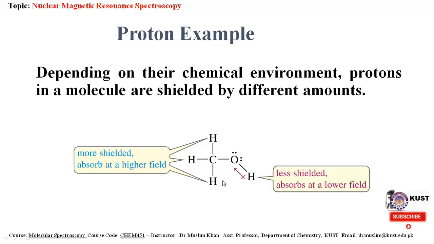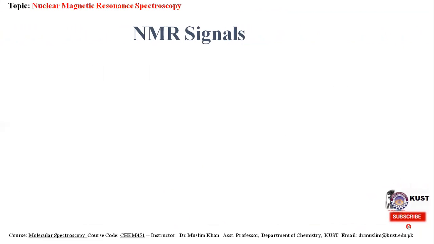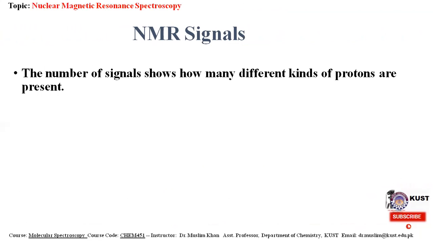So in a spectra, you will see a peak for this proton in one place and for that proton in a different place. So the number of signals in an NMR spectrum shows how many different kinds of protons are present, that is, protons having different environments in the molecule.